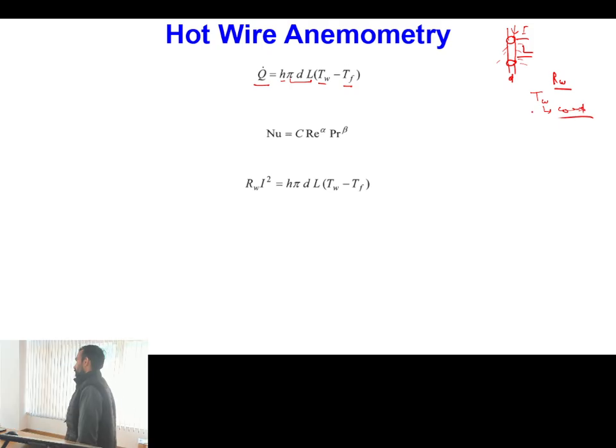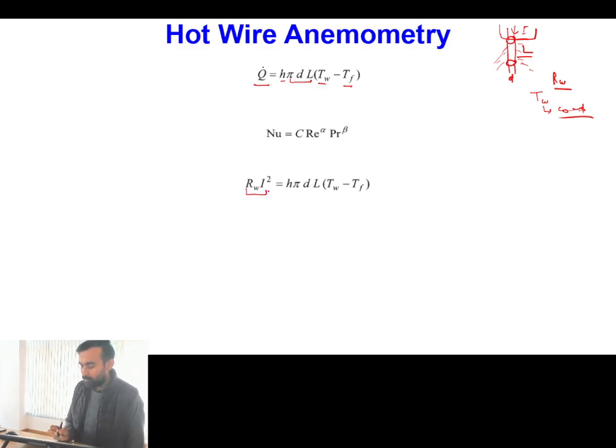What it means? It means that the wire is not gaining any amount of heat. So if it is not gaining or losing any amount of heat, then whatever heat, because of electric energy, we are supplying to the wire, the same amount of heat should be dissipated to the surrounding fluid. So that is the thing I have done over here.